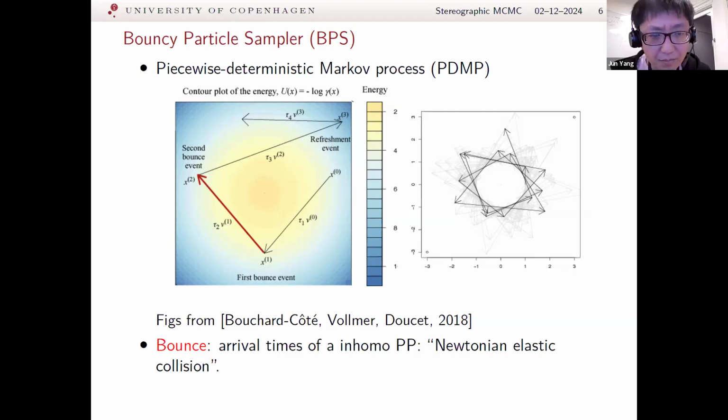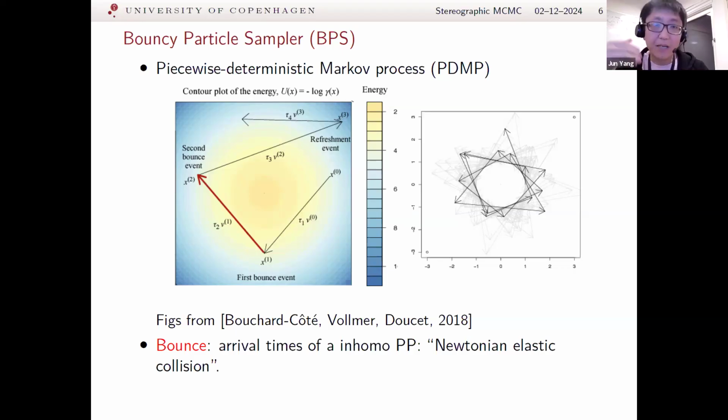So how do we simulate the bounce event and the refreshment event? The bounce event is simulated using arrival times of an inhomogeneous Poisson process, where the intensity of this Poisson process uses the gradient information along this path. This really guarantees that if the particle in this example tries to leave the yellow region, there will very likely be a bounce event.